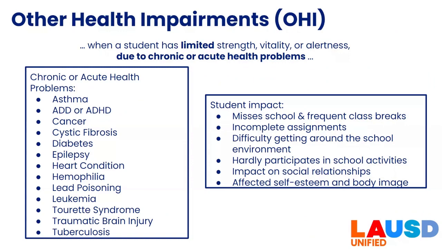Some examples of these health problems may include, but are not limited to, a heart condition, asthma, sickle cell anemia, epilepsy, leukemia, or diabetes. OHI adversely affects a child's educational performance. So what are some of the impacts of this eligibility? It can range from students missing school and requiring frequent breaks to affecting self-esteem and body image.